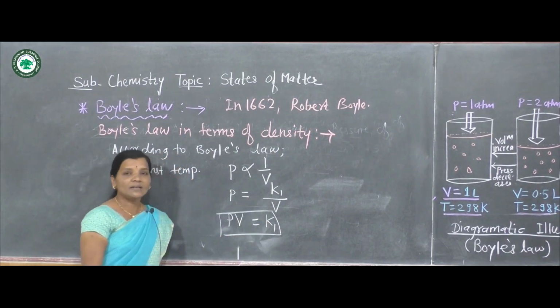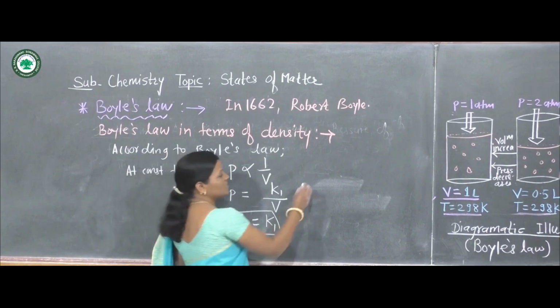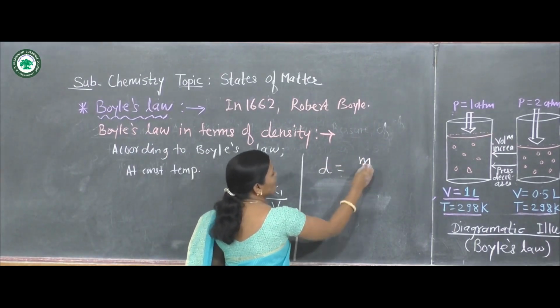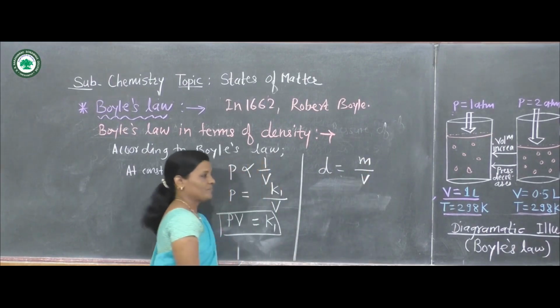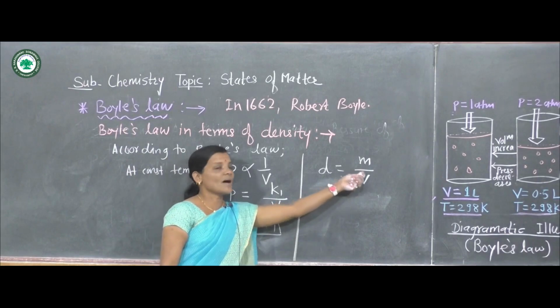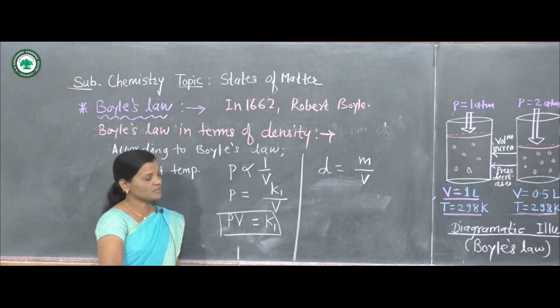Now we know that density of gaseous system is related with the volume by the relation density D is equal to M upon V. D is the density of the gaseous system, M is the mass of that gaseous system and V is the volume of that gaseous system.